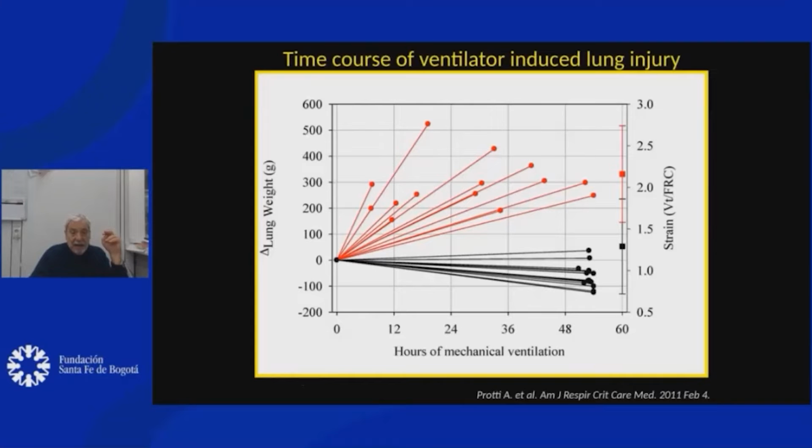Here, experimentally, we found that if the strain is greater than 1.5, which is pretty high, nothing happened to the lung weight. And lung weight, here, the edema in 48 hours experiments, was taken as a sign of the lung damage. While if the strain exceeds 1.5, you see the lung weight increase a lot. So there is VILI.